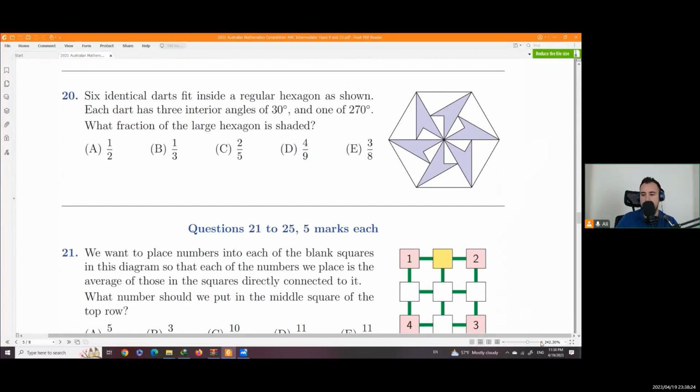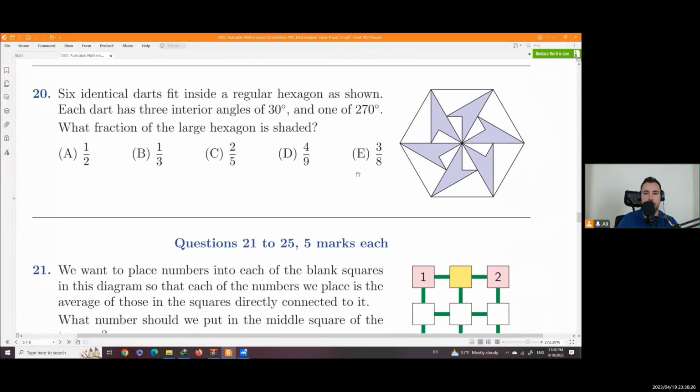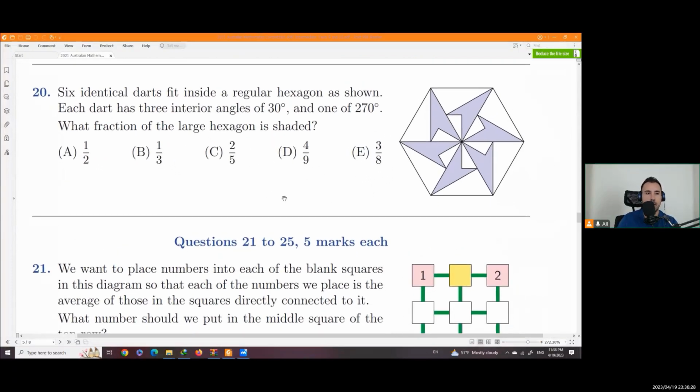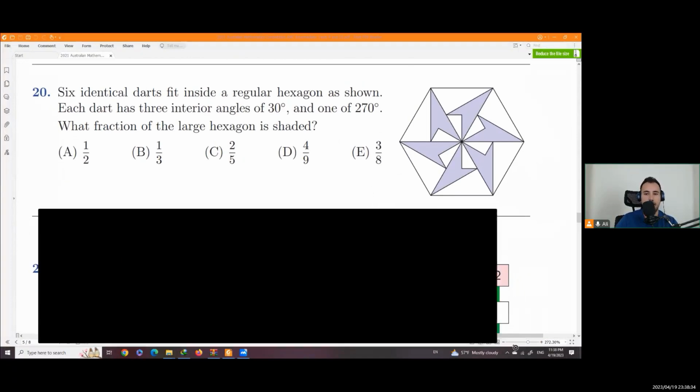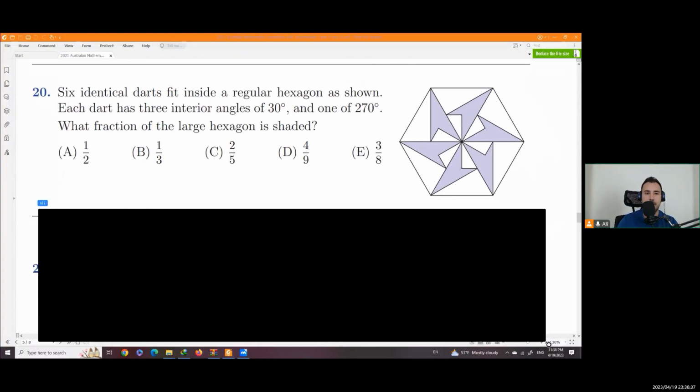Okay, and let me see if I can make this a little larger. So we have 6 identical darts fit inside a regular hexagon as shown. Each dart has 3 interior angles of 30 and 1 of 270.